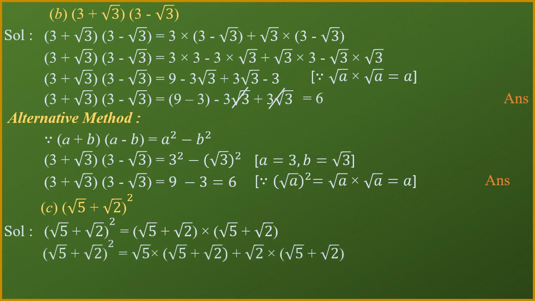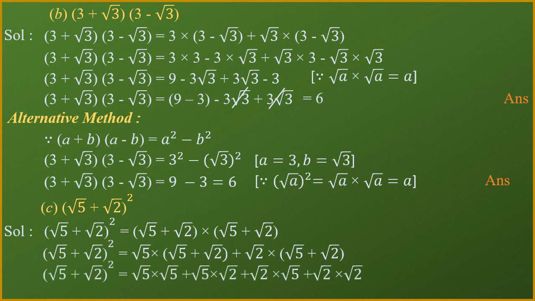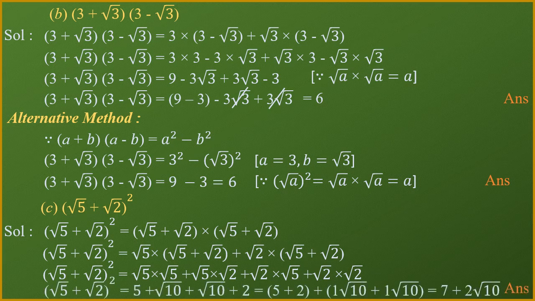Now root 5 I will multiply in the second bracket, and root 2 also I will multiply in the second bracket. Root 5 will multiply to root 5 and to root 2. Same way root 2 will multiply to root 5 and root 2 will multiply to root 2. Now here we shall apply that one formula, root of a into root of a becomes a.